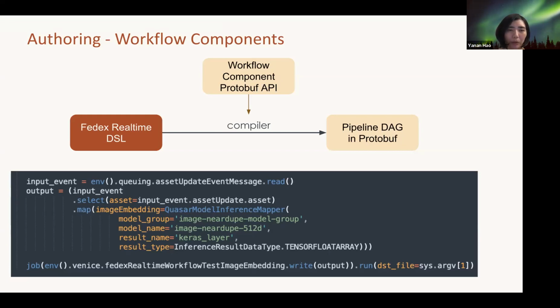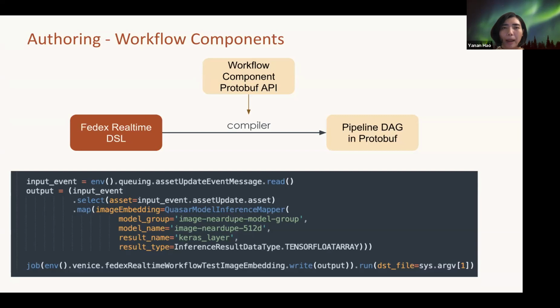It is a FedEx real-time job authored in the FedEx real-time DSL. It reads a Kafka message, selects some fields, does a model inference, and then writes the output to a data store. So every operator here has a corresponding workflow component.